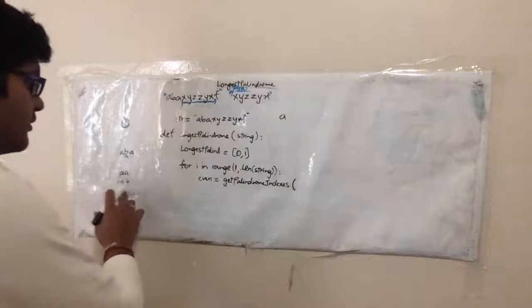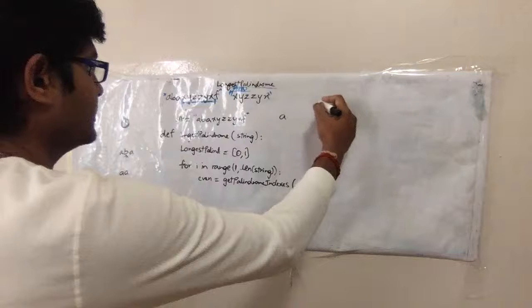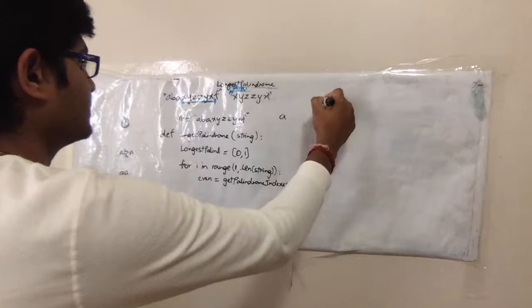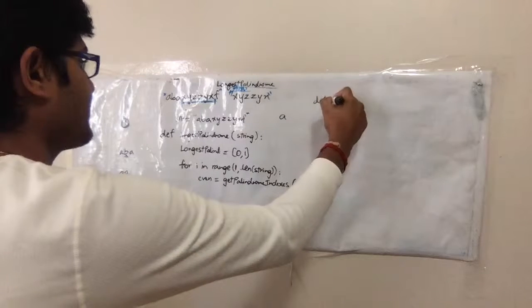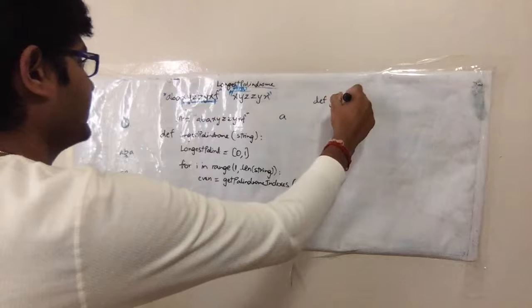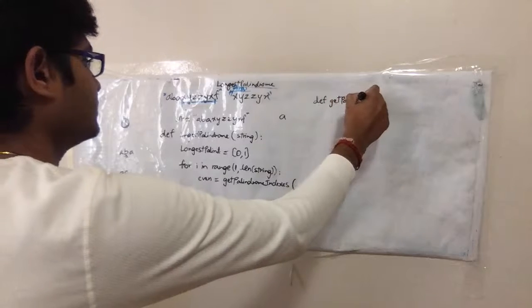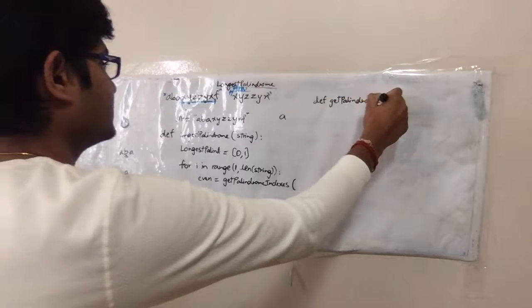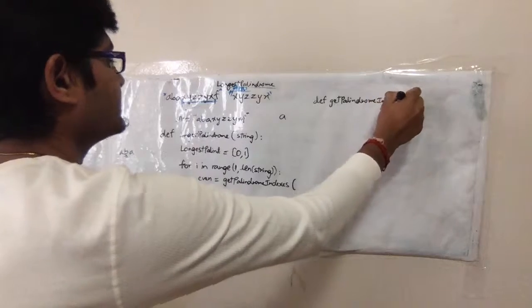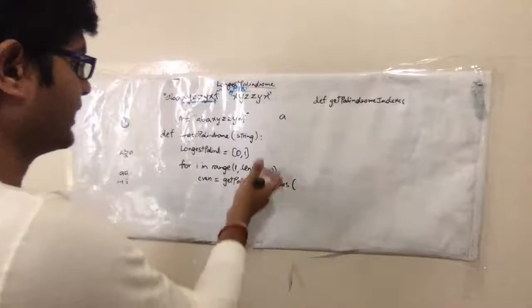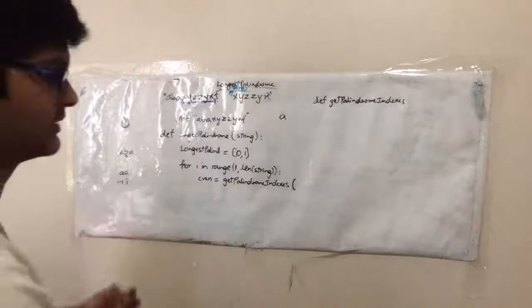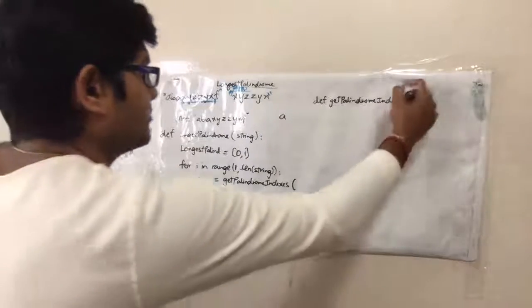This checking of the palindrome will happen in this new function. So define get palindrome indexes. This will provide the indexes if the string with these indices is a palindrome.